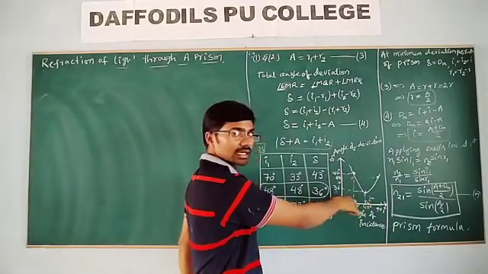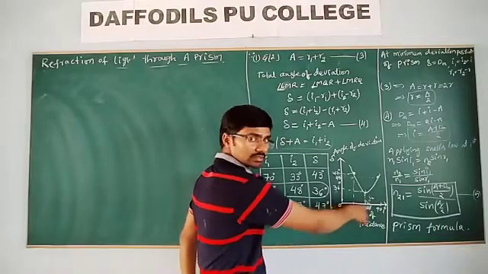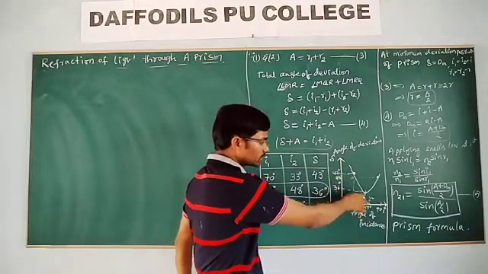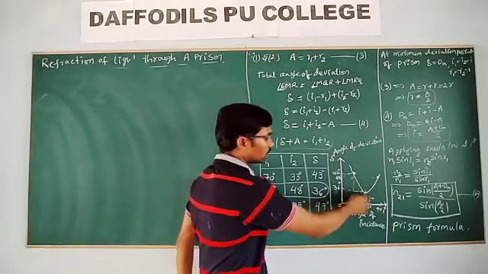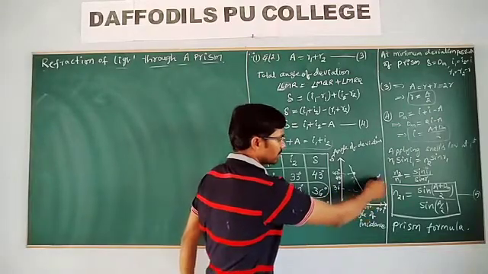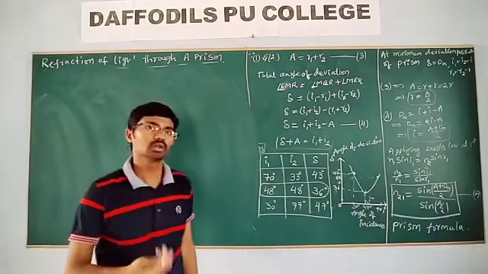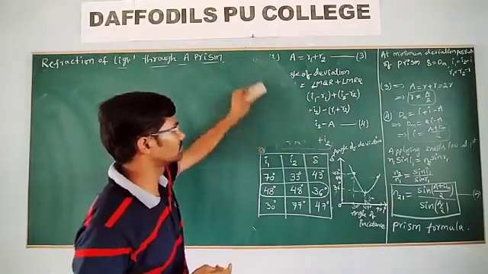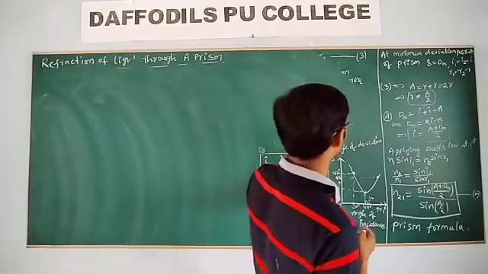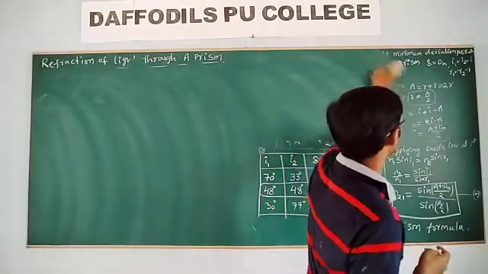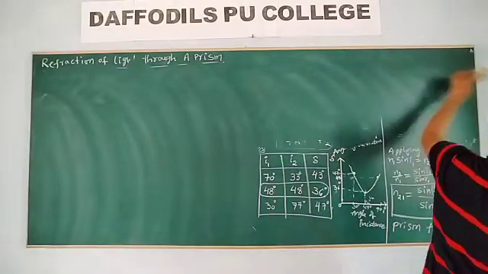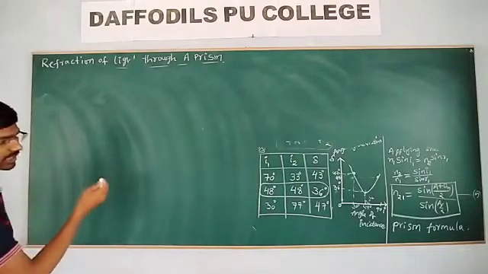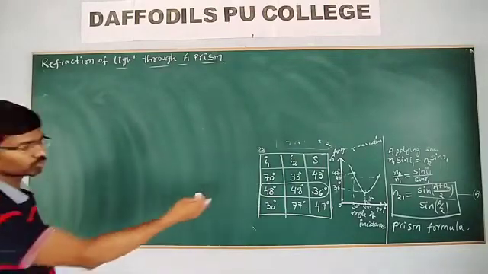How does it change? As the angle of incidence increases, first the deviation decreases and becomes minimum, and after this angle the deviation increases again. So angle of incidence is one factor.